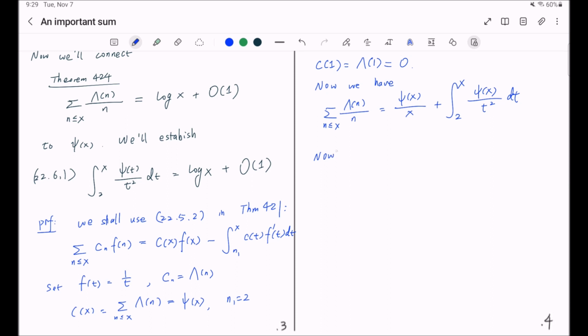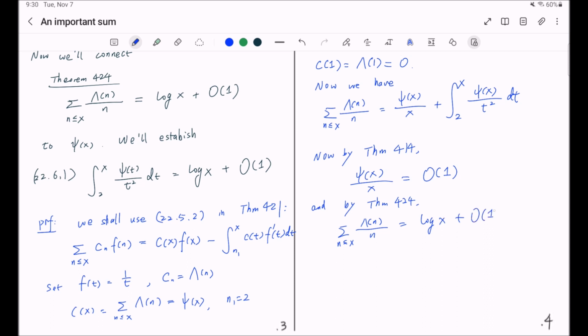Now by theorem 414, we know that psi of x divided by x is bounded by a constant. And by theorem 424 above, we see the summation of lambda of n divided by n for n less than or equal to x equals log of x plus big O of 1.